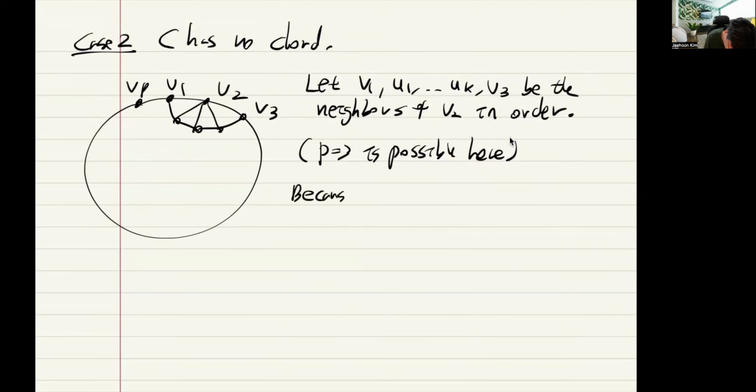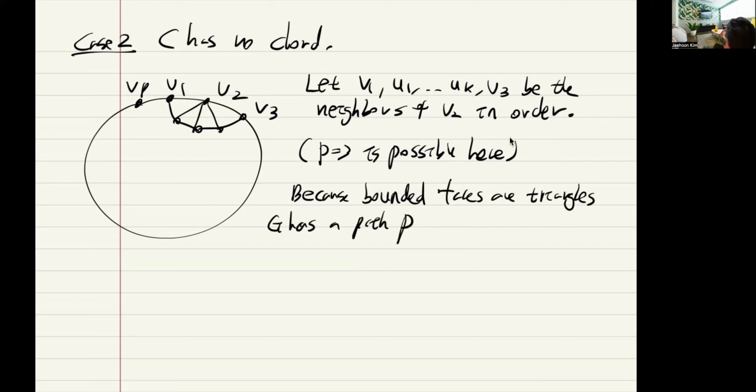As I mentioned, because bounded faces are triangles, G has a path P with the vertices P1, U1 to UK, P3. So this is path P.